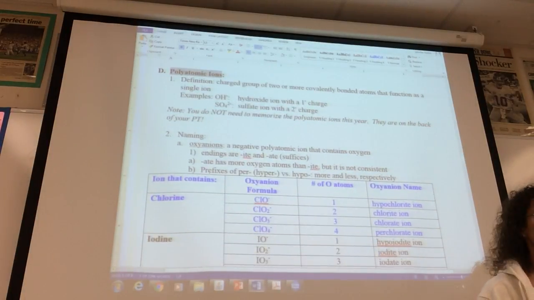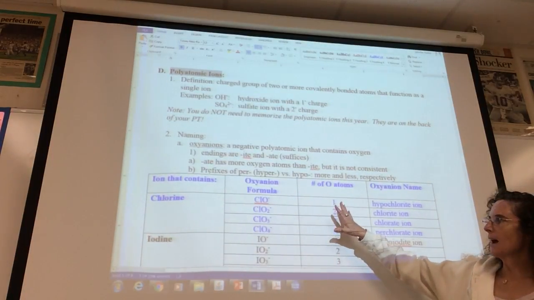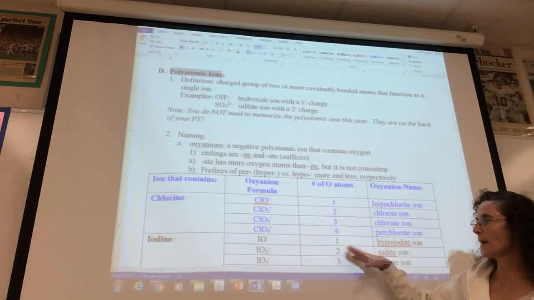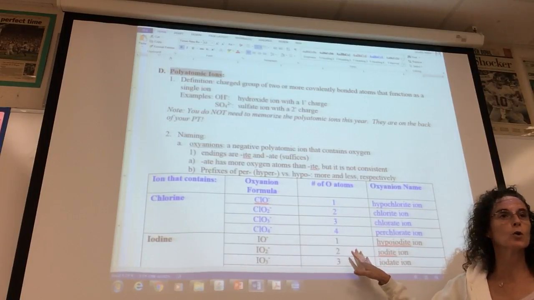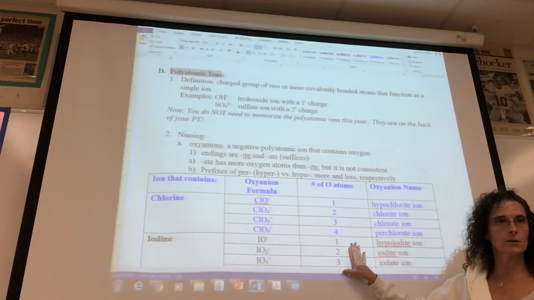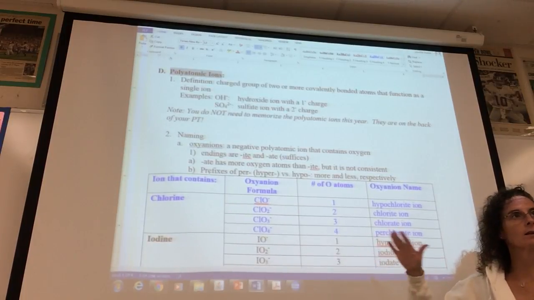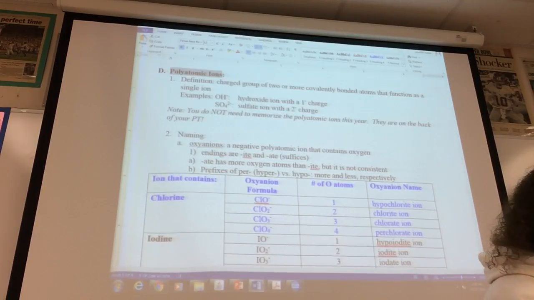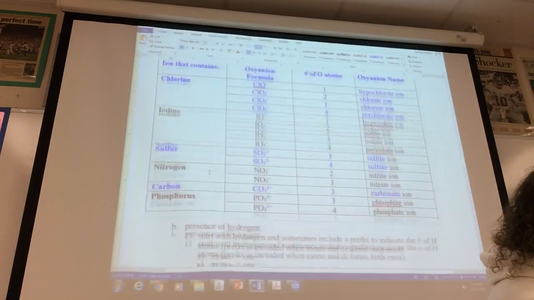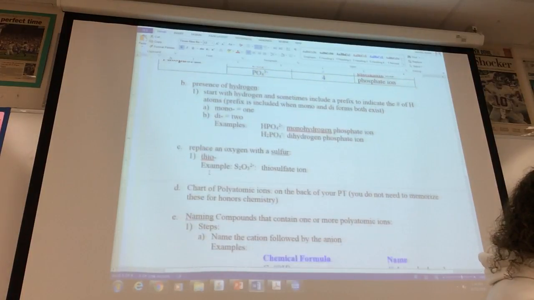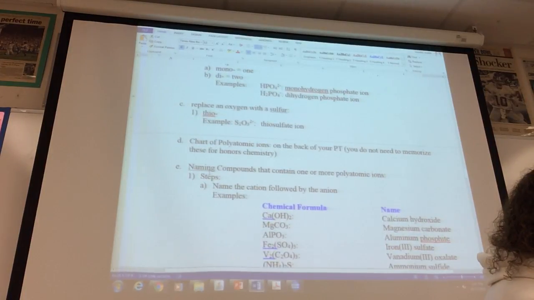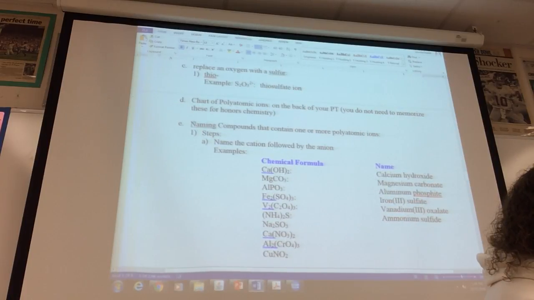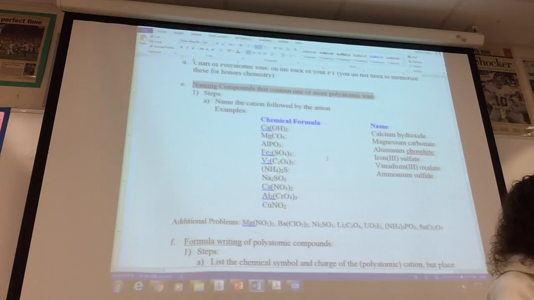I will go through the polyatomic ions in terms of memorizing them, for those who want to, toward the end of class, because I want to make sure you have a lot of practice in class with naming and writing, because that's what you're going to see on your quiz. So I'm going to skip down to E, naming compounds that contain one or more polyatomic ions.